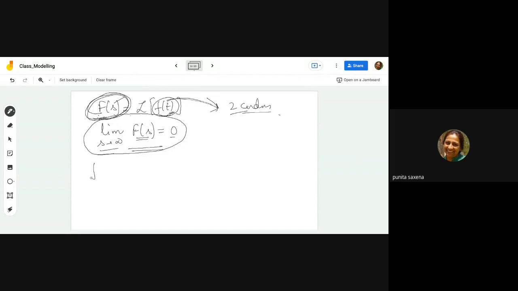So if you have two functions, ft and gt, that satisfy the hypothesis for the existence of Laplace theorem, that means both capital Fs and capital Gs exist.